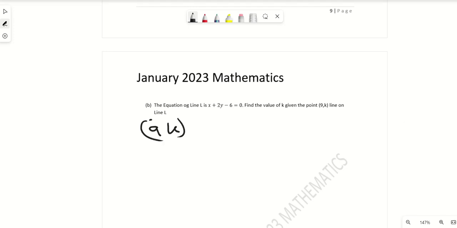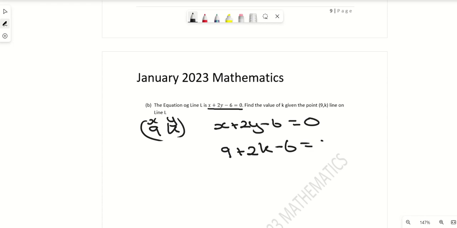That means x is 9, y is k. So you're going to put it in this equation that they gave you. So they're saying x plus 2y minus 6 is equal to 0. So instead of x, you're going to put 9, plus 2k minus 6 is equal to 0.